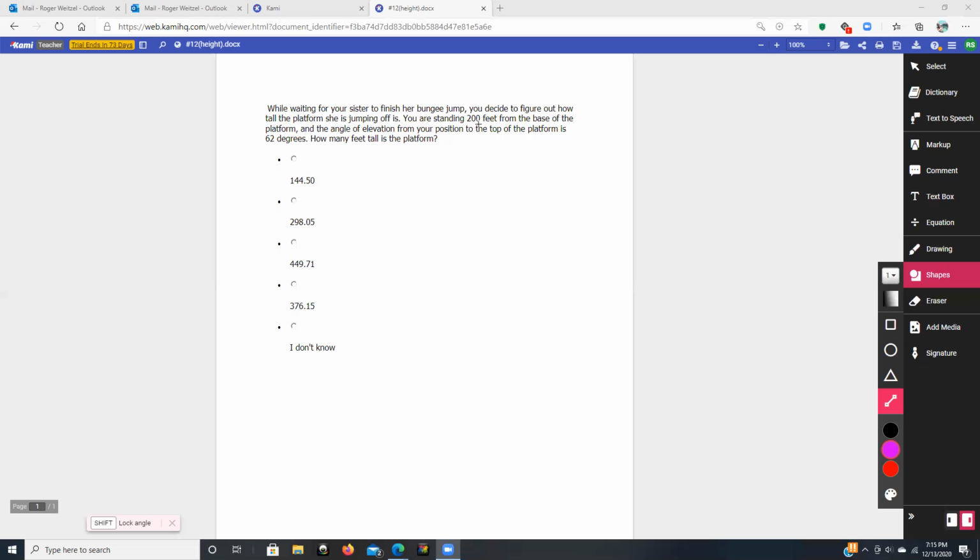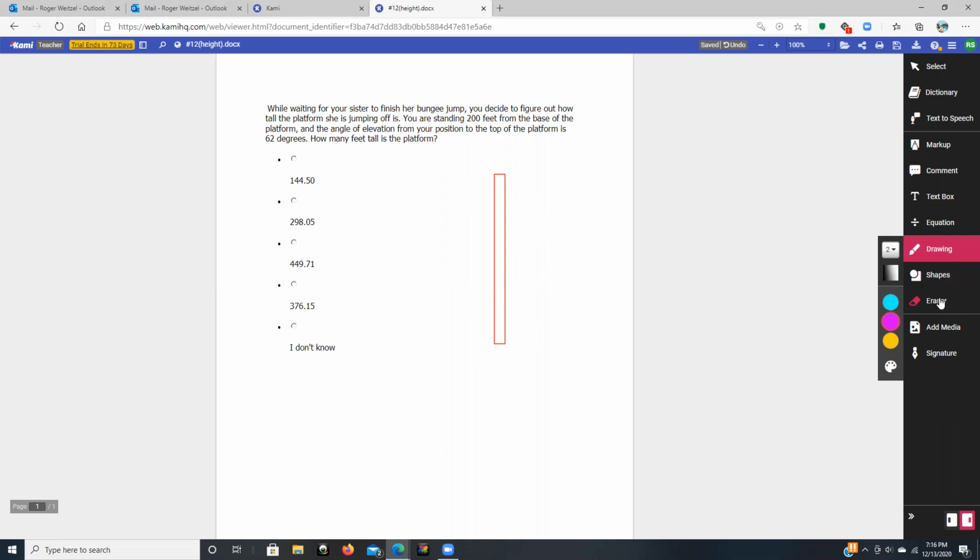So we know that there is a platform. I am just going to represent it as a rectangle. At the top of this is the platform.